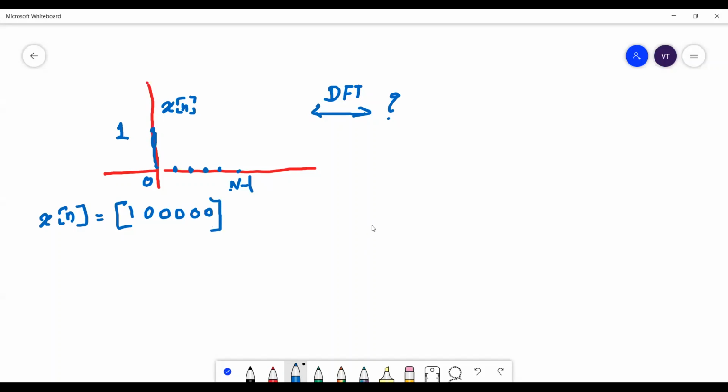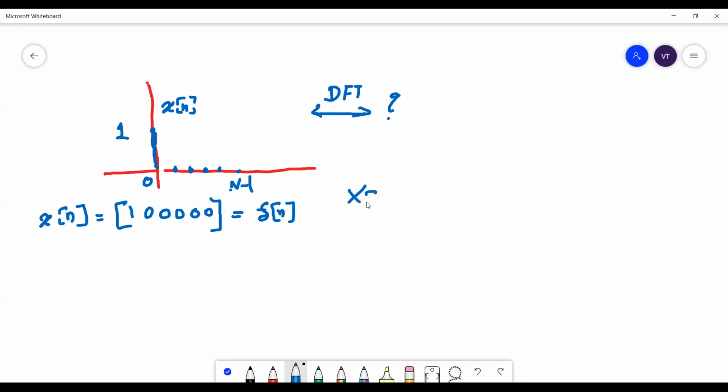This is the sequence, right? x of n is 1, 0, 0, 0, 0, 0. So I can also write this as x of n is equal to delta of n, right? Because all the other values are equal to 0. x of n is delta n. So how will you find out X of k?